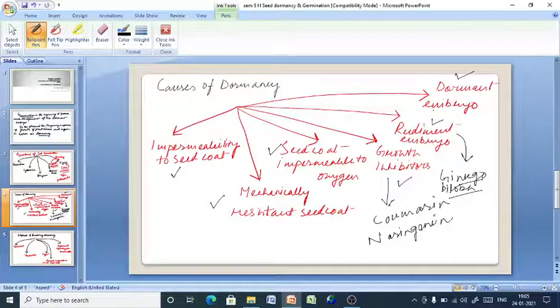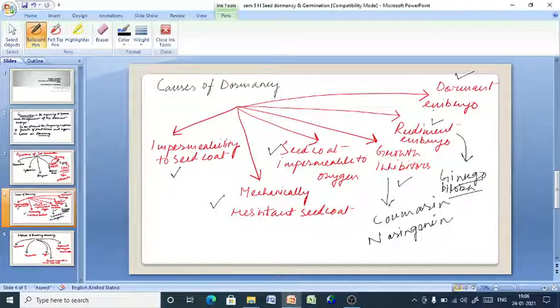Next, the dormant embryos. Many mature seeds fail to germinate even when the embryos are completely developed and all the surrounding factors are in a positive dimension. Because this condition has got nothing to do with the seed coat or the external coverings, etc. Because the embryo is the most crucial driving force which helps in the process of germination.